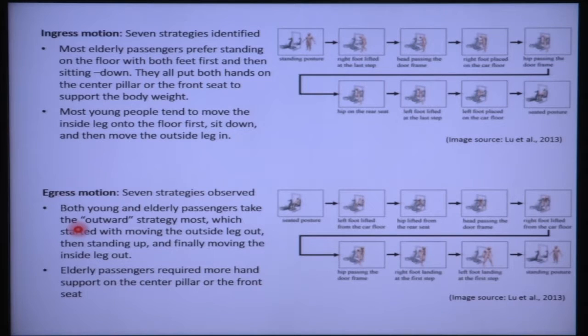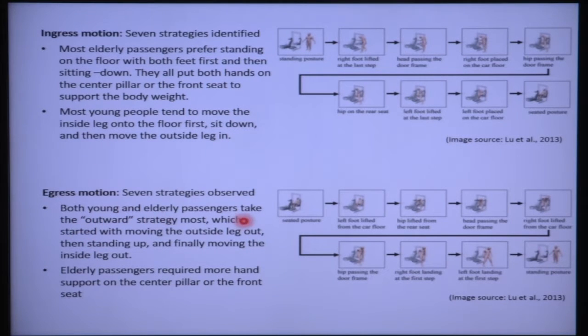Similarly, there is also a difference in egress motion. If you look at the egress motion, there are various steps. Initially the driver is seated on the seat and gradually comes out, step by step, and ultimately stands outside the vehicle. So, from that minivan rear seat, while the drivers are coming out, the egress motion is actually different for young and elderly.